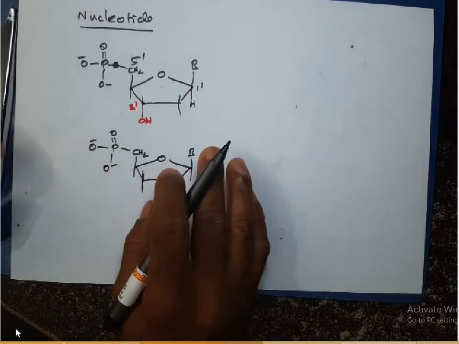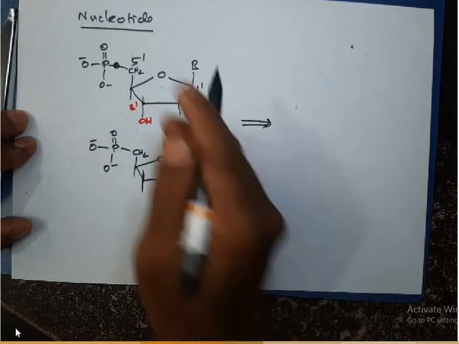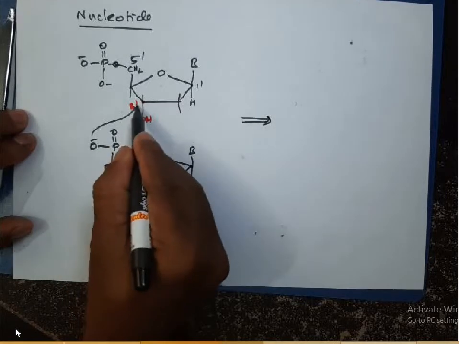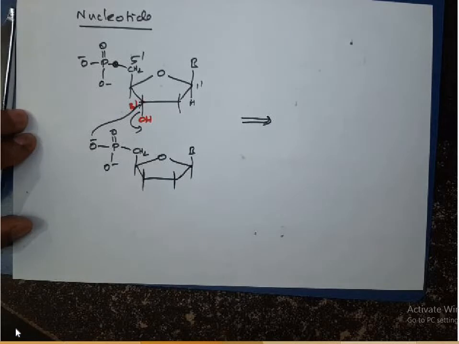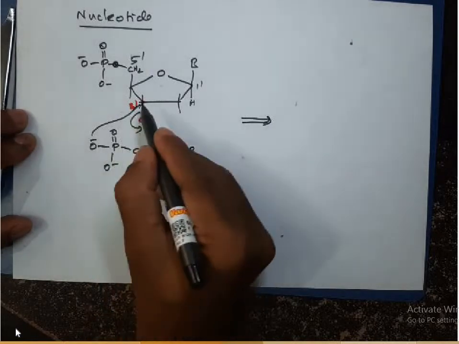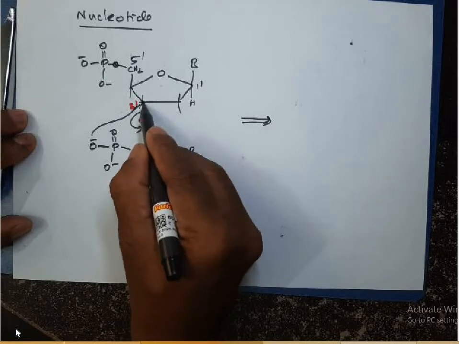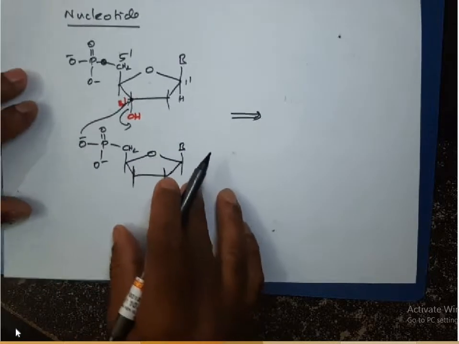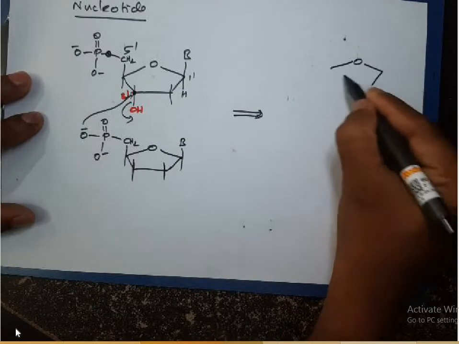Now what will happen, students? One nucleotide and another nucleotide, they join. How? This O minus will attack this carbon so that this OH group will be removed. You will get a new bond or new connection between 3' carbon of ribose and this oxygen. So you will get a structure like this. See, students, observe the structure carefully.